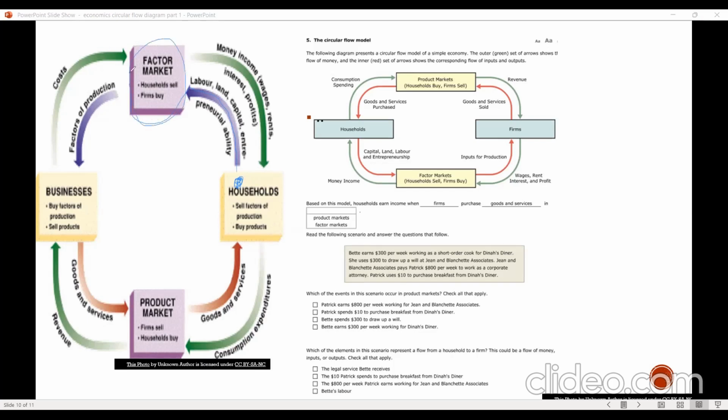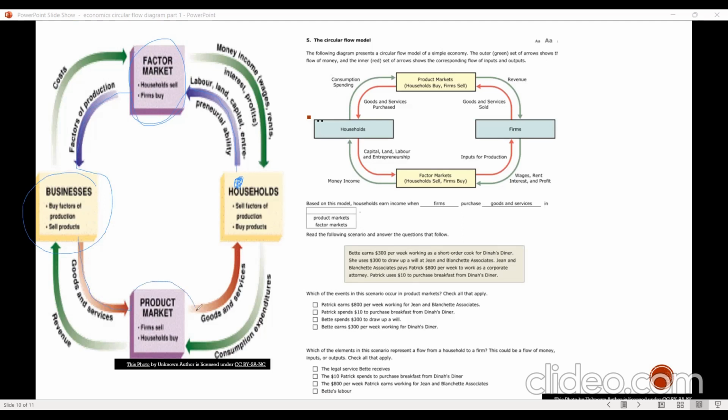Now what happens? The factor market is now taking those factors of production to businesses, right? Great. Now, what are the businesses doing with those? They are going to buy those factors of production. They are going to produce goods and services, and they're going to sell those goods and services to the product markets.